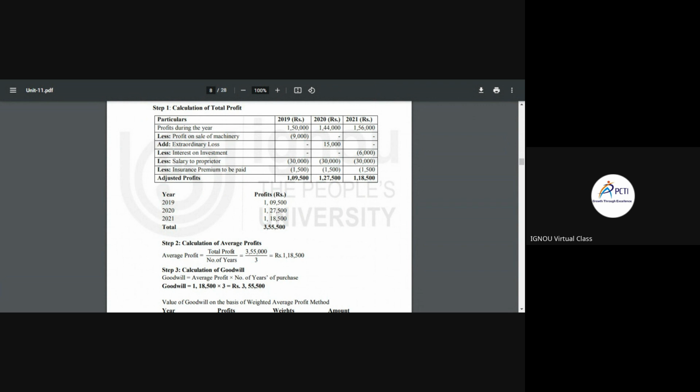Then the second one is calculation of average profit. In the case of loss, you will see that the figure is in brackets and the positive figures are without brackets. So when we are deducting something, or if the amount is negative, then we need to show it in a bracket.